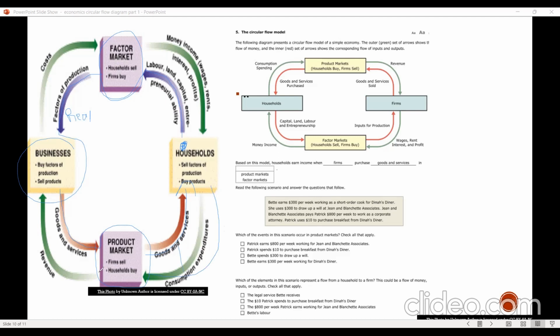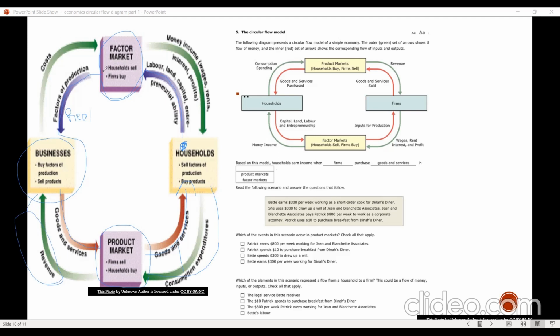Okay, moving forward. Now, when businesses sell to the product market, they receive revenue in return for selling their goods and services.